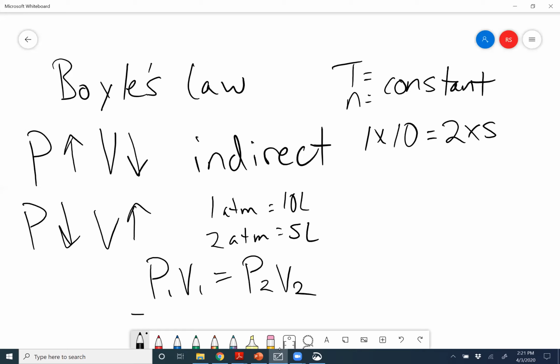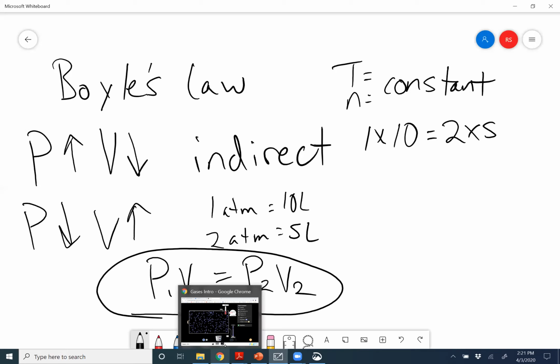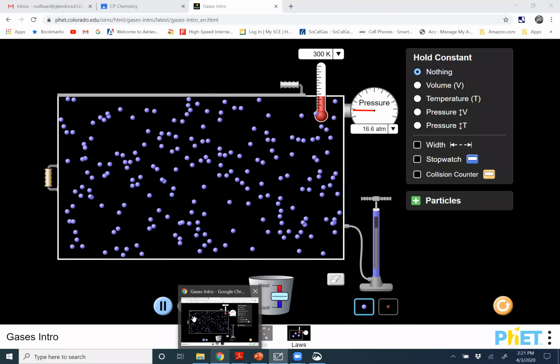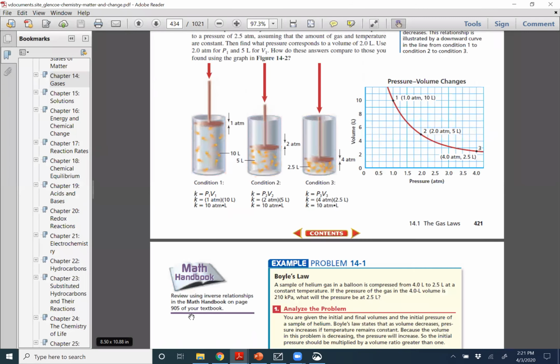And so what we're going to do is multiply them together and set them equal to each other. So Boyle's official law would say that the proportionality is such that the product of the two numbers has to equal a constant.